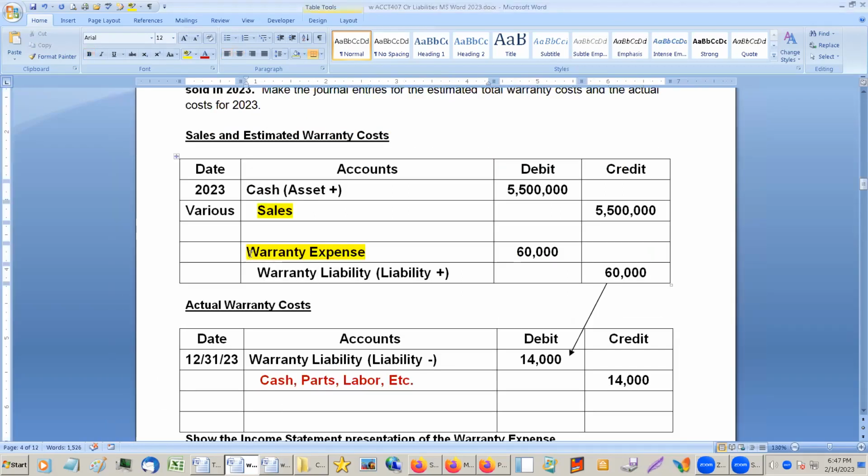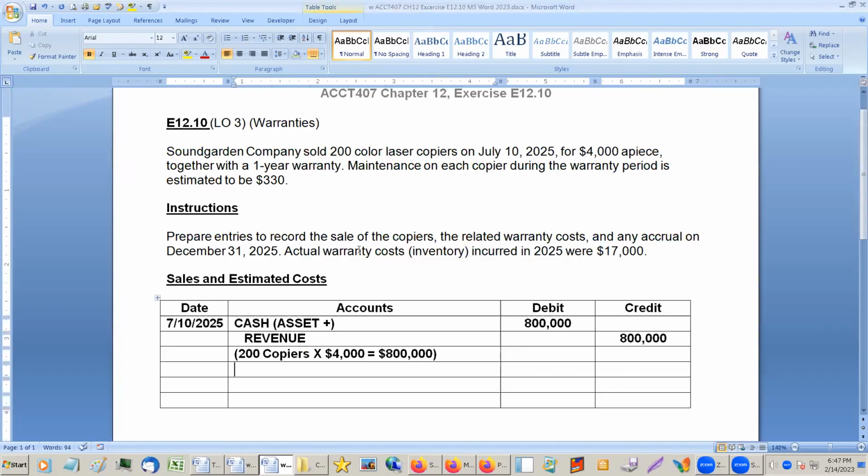And we're going to have a warranty expense and a warranty liability put on the books at the same time, because this is sold along with the copy machine together. Okay, so we're going to have a warranty liability.